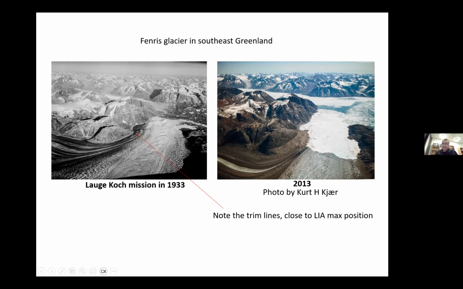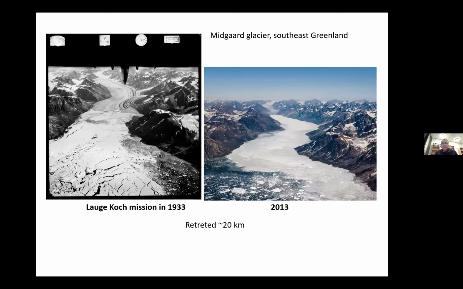It's from Kurt Kjær, who flew exactly at the same positions as they did in 33, just to make the comparison. And in the new photos you can clearly see the trim lines. This is another example, also from southeast Greenland, where you can see the glacier has retreated approximately 20 kilometers.